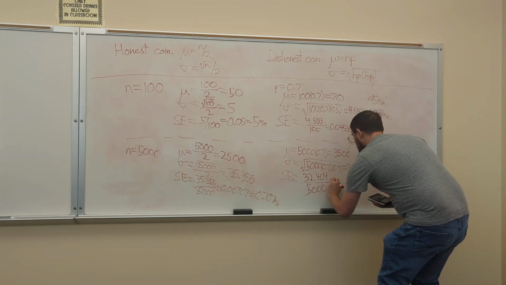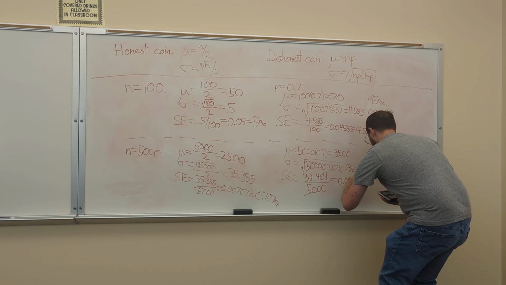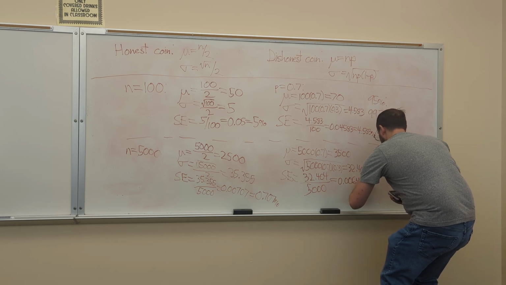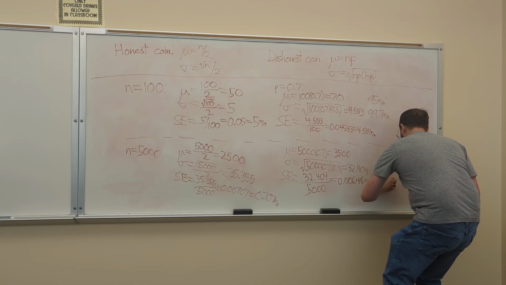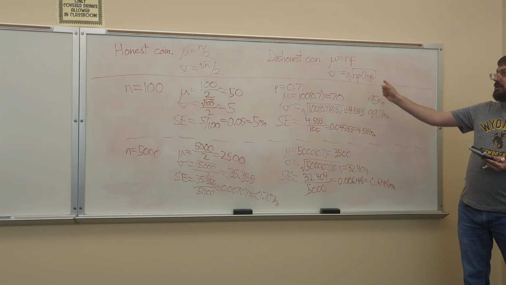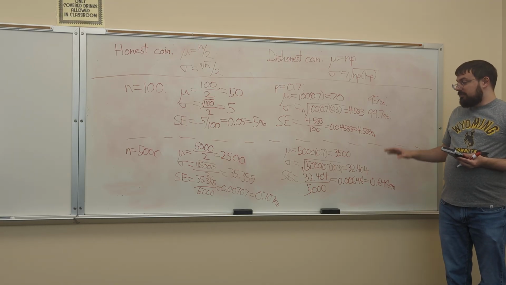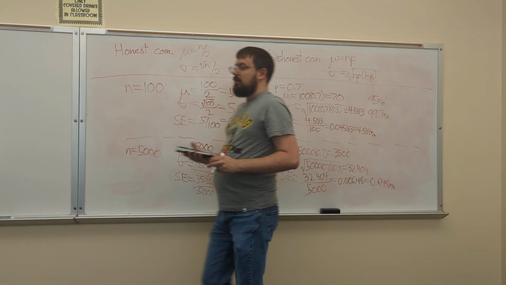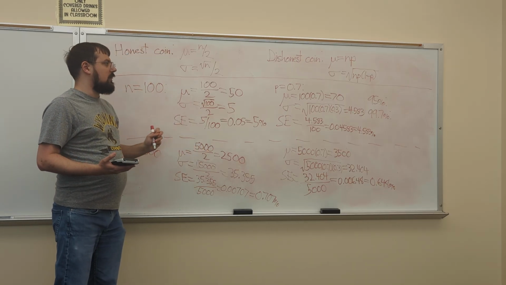Which gives us a standard error of 0.00648 or 0.648%. So as you can see in both cases with the honest coin and dishonest coin principle, our standard error decreases whenever we increase our sample size from 100 to 5,000.